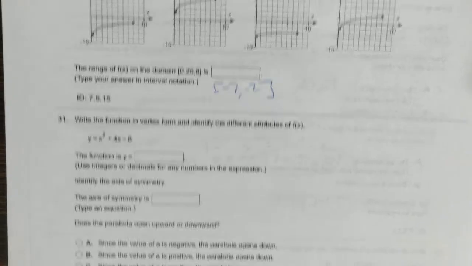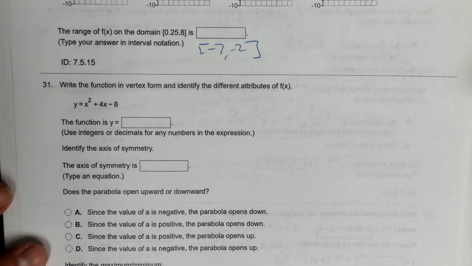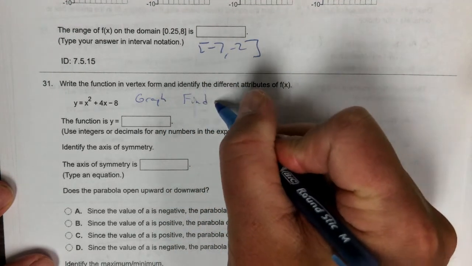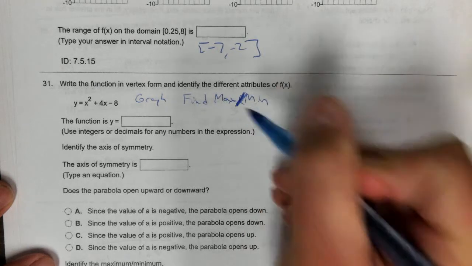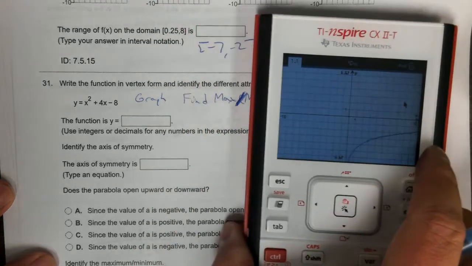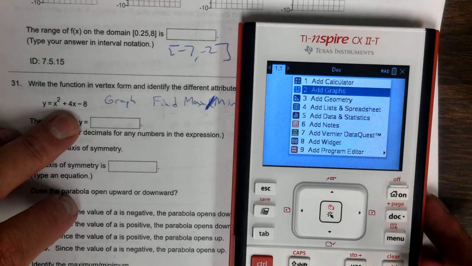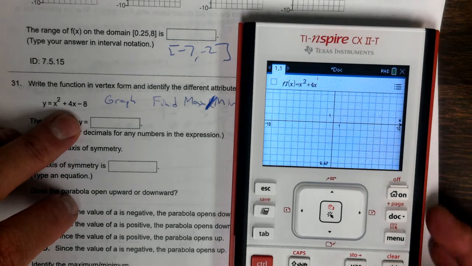Okay, on this one, it says write the function in vertex form and identify the different attributes. So the first thing I would say is to graph it and find the max or min. So x squared plus 4x minus 8.